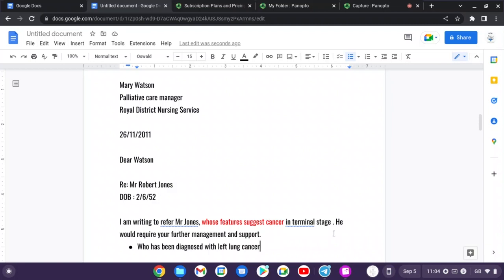And again, I'm writing to refer Mr. Jones, and then put a comma. If you put a comma there, that means your sentence is not finishing here. Then you have to add your closing sentence as well. You are correcting your grammar mistakes while you are doing this.